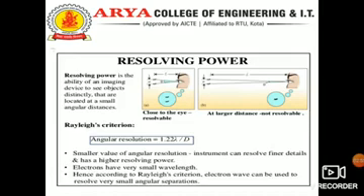Electrons have very small wavelength, and hence according to the Rayleigh criterion, electron waves can be used to resolve very small angular separations.